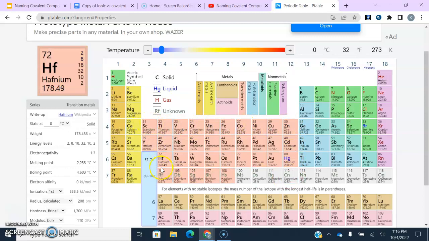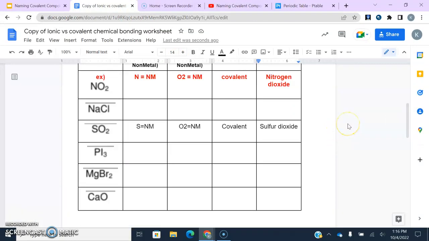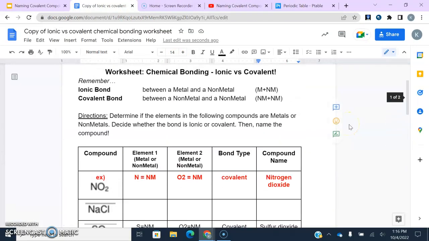It will need a Roman numeral. If it's in group 1 or 2, or group 13, it will not need a Roman numeral because you can just get the charge from the table. Okay, so I hope that helps with those examples. So I did 2 of them, so that means you have a few to do on your own. If you have questions or need help, let me know.